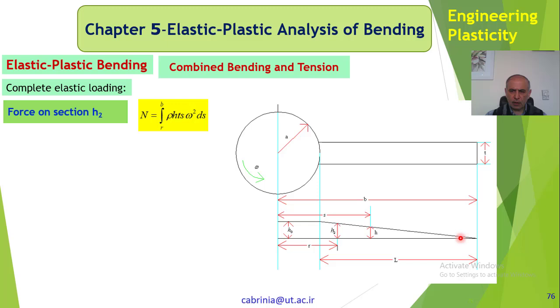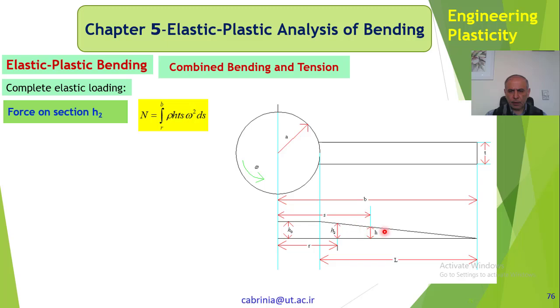We want to see what normal force is acting on H2. Section H2, of course, is a rectangular section, because if you look at H2 from this view, the section is a rectangle H2 times T.